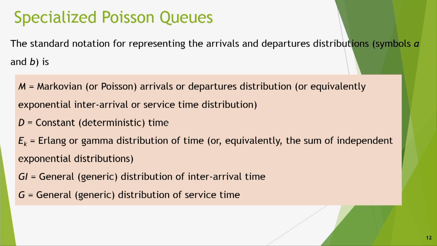If I write Ek, that means Erlang or gamma distribution of time, or equivalently the sum of independent exponential distributions. We are not going to cover Erlang distribution in that much detail. GI is the general distribution of inter-arrival time, and G is the general distribution of service time.